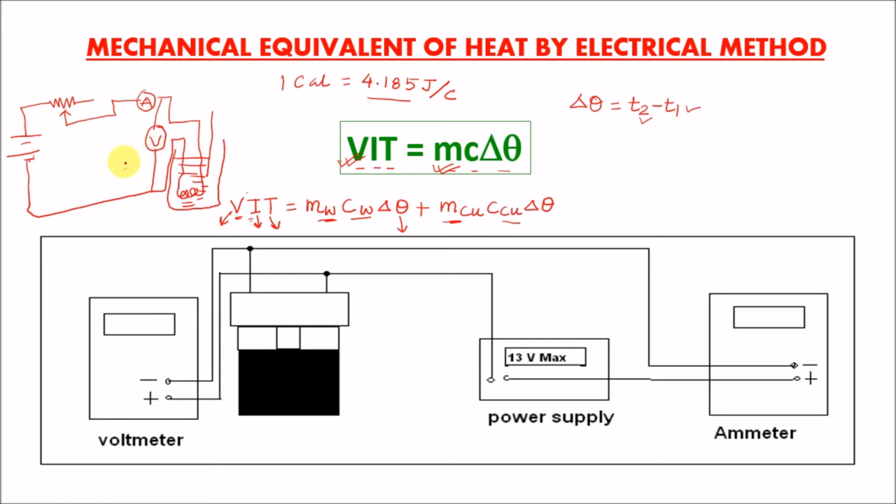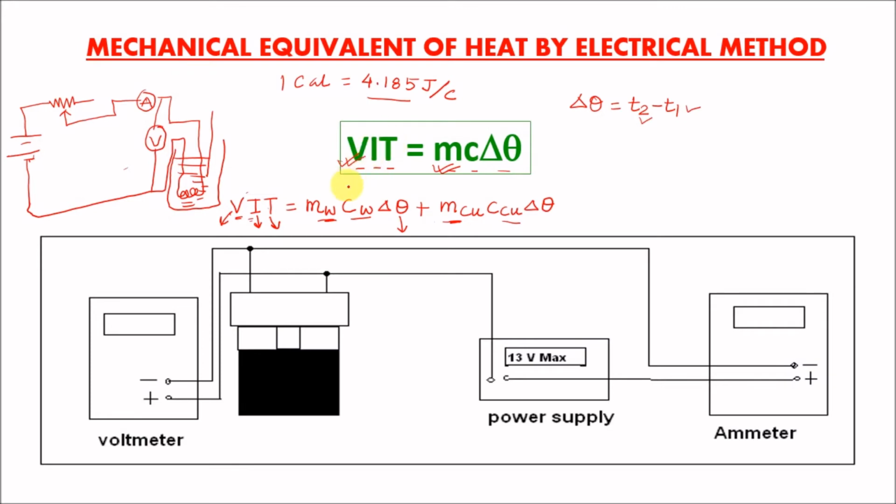With the help of this rheostat, we limit the current to a known constant value, let's say 1 ampere. Corresponding to this 1 ampere in the circuit, there will be a voltage developed, and that will depend on the resistance of the heating element. So this V and this I are constant, and we monitor the rise in temperature with the help of a thermometer and time with the help of a stopwatch.